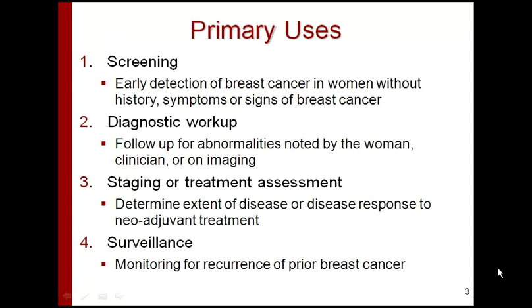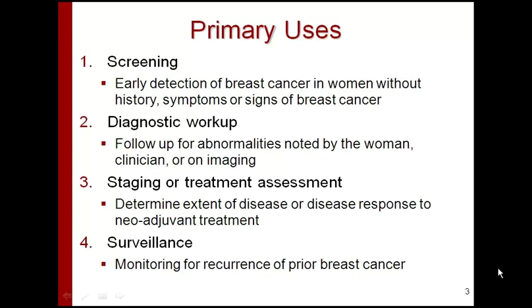So how can it be used in the world of breast cancer? There are four primary breast cancer-related indications or uses. One is screening, so looking in healthy women to see if there's any disease that you could detect earlier, and that's what we're going to focus on.